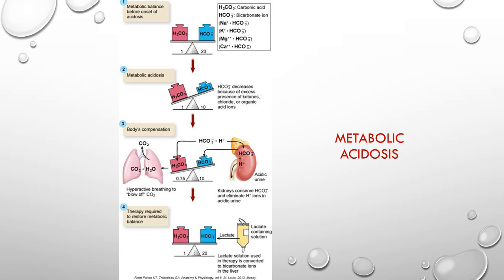Another example has to do with the fact that if the kidneys fail, they can't excrete hydrogen ions as a compensatory mechanism because they have failed, and then there is an excess of hydrogen ions in the body. Another example has to do with anaerobic metabolism. Anaerobic metabolism equals lactic acid production, a totally bad state to find yourself in.